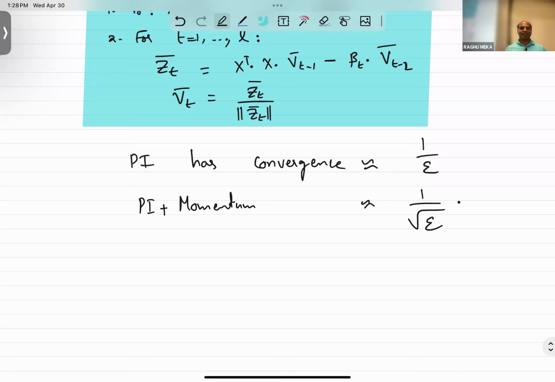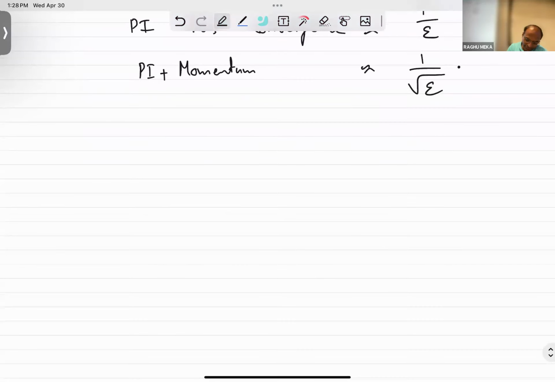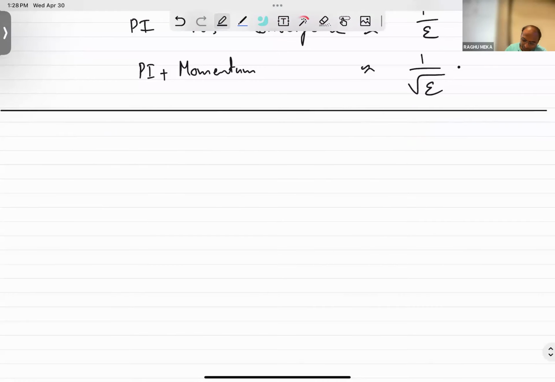So you're using the same idea that somehow I use the history of the previous gradients to do something. Right? Okay, the other trick that I want to talk about is, when we discussed earlier computing the first principal component and second and third and so on, we said compute the first one, then project it out, then compute the second one, project it out, then compute the third one, and so on.